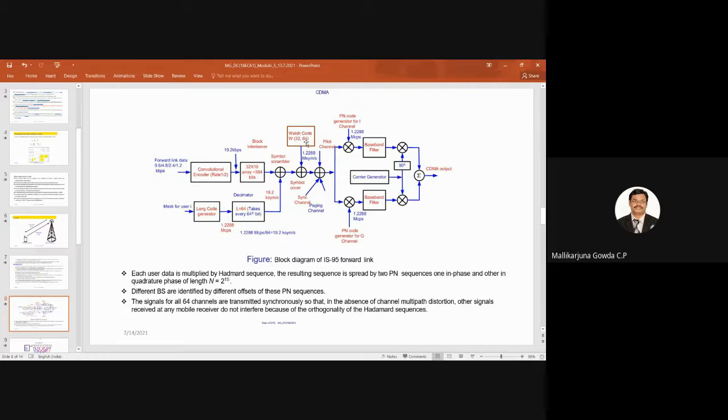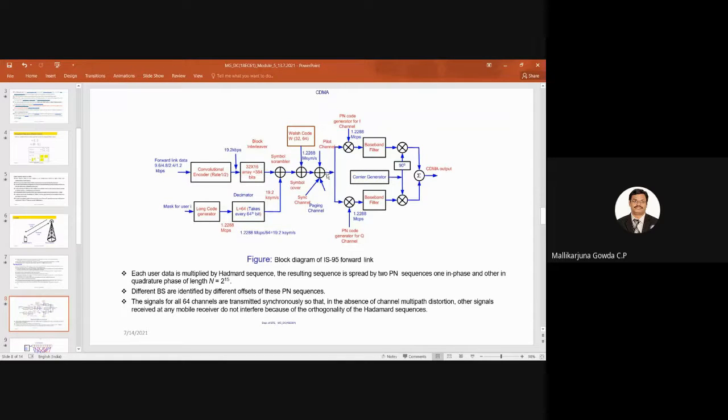Out of 64, one channel is used as a pilot channel with all zeros, and another one or two channels are used for synchronization. The rest, 61 channels, are used for transmitting information for individual users. With this we get the scrambled data over a particular channel with the Walsh code.